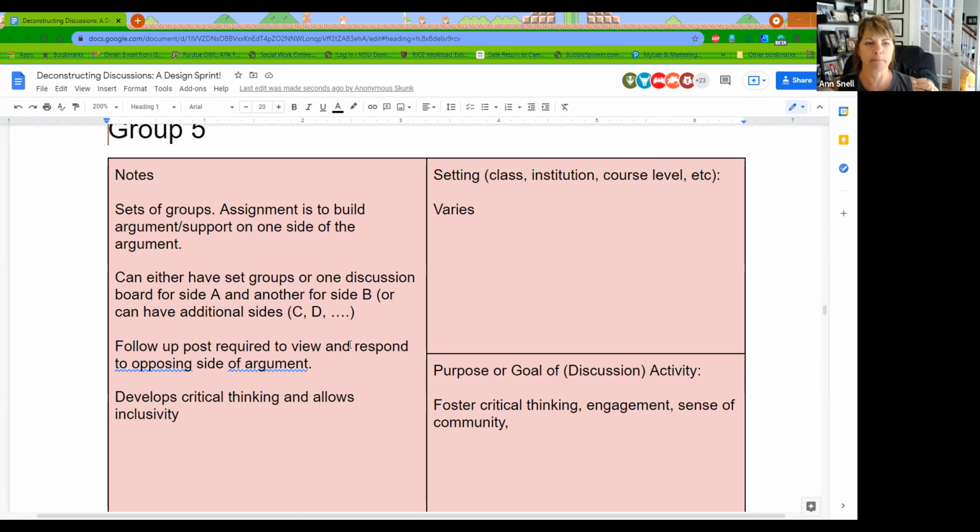And then at the end of the discussion, we have a full discussion board with everyone where they have to talk about what they learned. Did they change their mind? What made them change their mind? So this is something that we think will add inclusivity and critical thinking, and they're going to be a community because they're going to come together at the end.